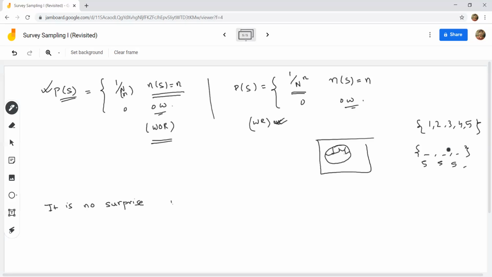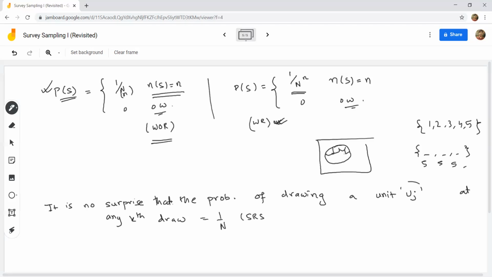So basically, it is no surprise that the probability of drawing a unit, say UJ, a particular unit UJ, at any kth draw is 1 by capital N for SRSWR.